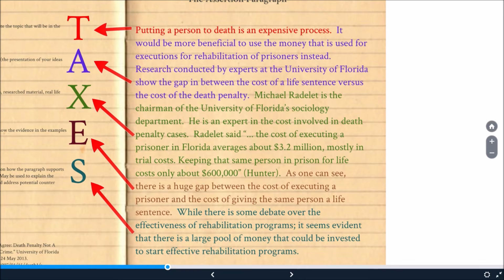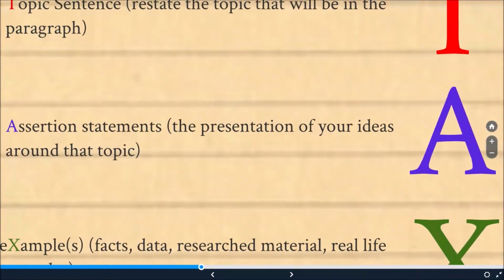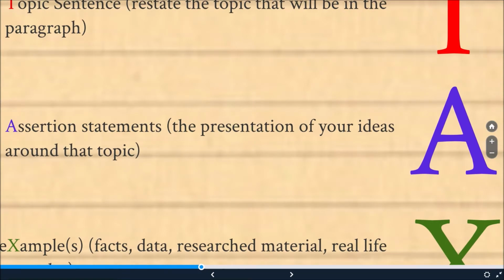And so this is going to be the main assertion point that I'm going to be using for an expensive process. What this does, which is a little bit different than what the previous author that used this same kind of point did, was I'm actually giving the presentation of your idea around the topic.